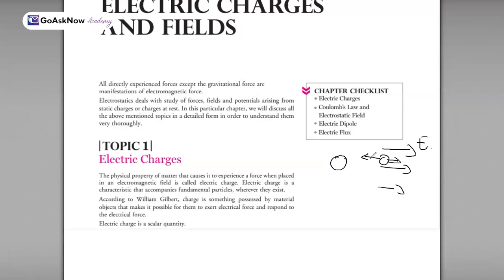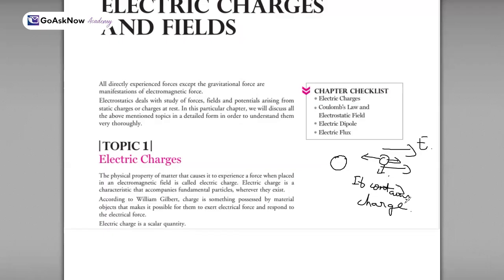This property of a particle, that it experiences a force, either repulsive or attractive, or in any direction in an electric field, is because it contains a charge. It contains charge, so that is why it experiences a force when placed in an electric field.